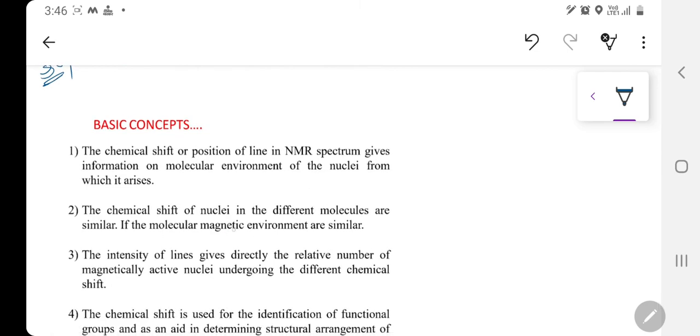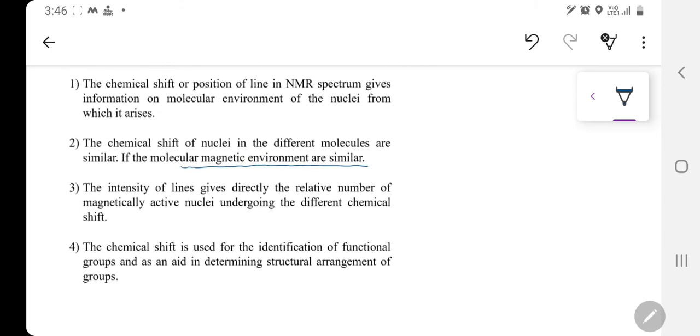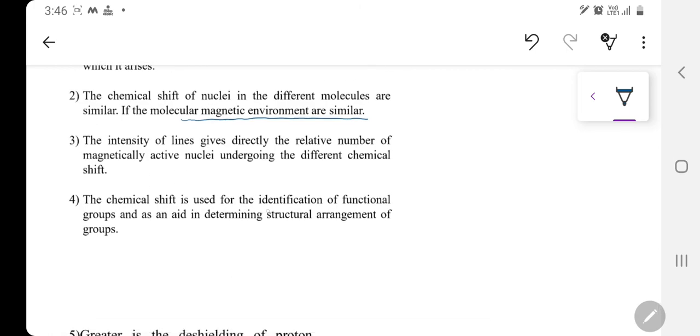The chemical shifts of nuclei in different molecules are similar if the molecular magnetic environments are similar. The intensity of a line gives directly the relative number of magnetically active nuclei undergoing the different chemical shifts. The chemical shift is used for identification of functional groups and as an aid in determining the structural arrangement of the groups.